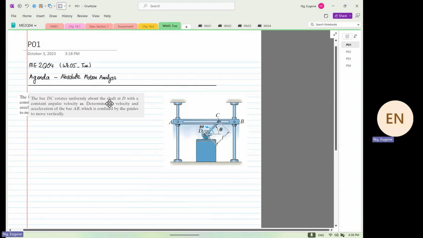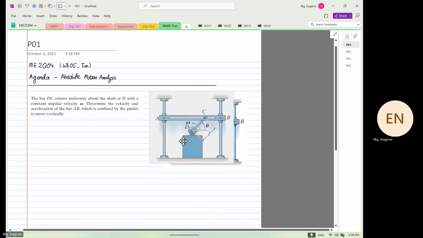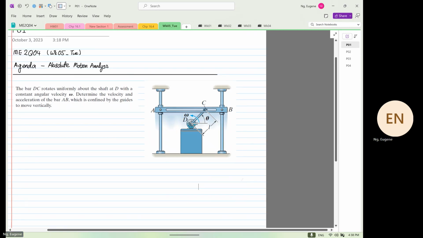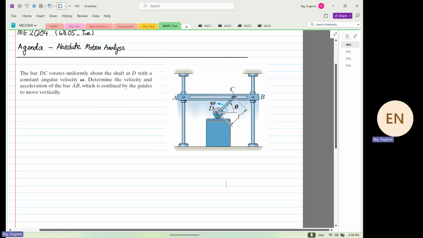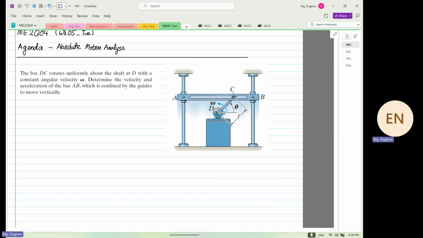So what you will have is the bar DC. This, by the way, is on your avenue to learn. Bar DC rotates uniformly about the shaft at point D. Where's point D? Point D is here, with a constant velocity of omega. Constant velocity dictates that alpha is equal to 0.